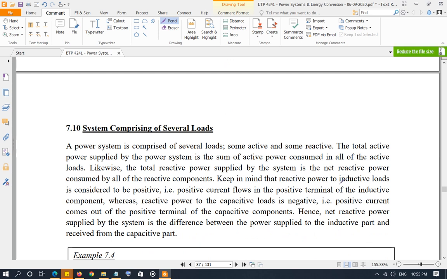Alright, a system comprising several loads. If you have a bunch of loads, anytime you connect anything with the power system, remember our home consumer voltage is standard 110 volt RMS. So anytime you connect anything to your socket, 110 volt RMS is going to appear across that. What does that mean?